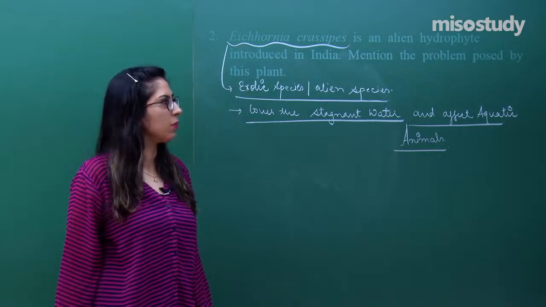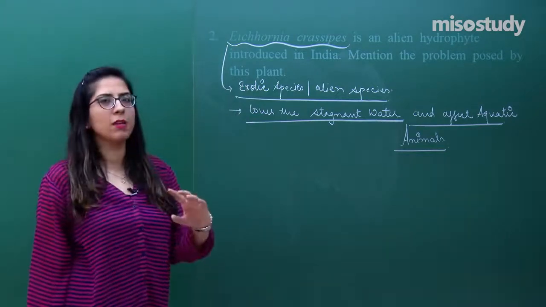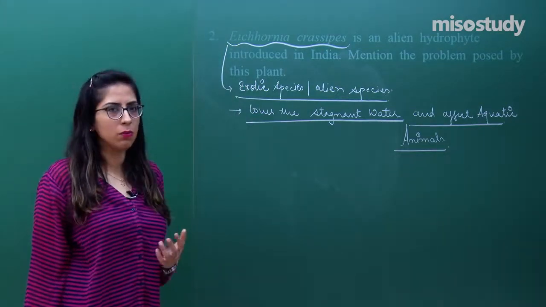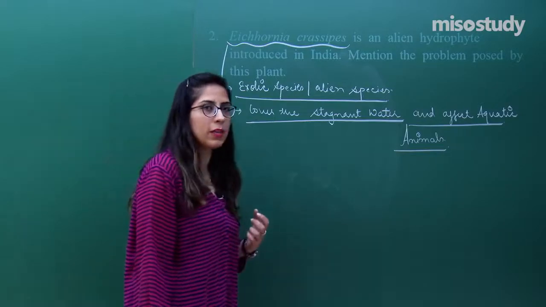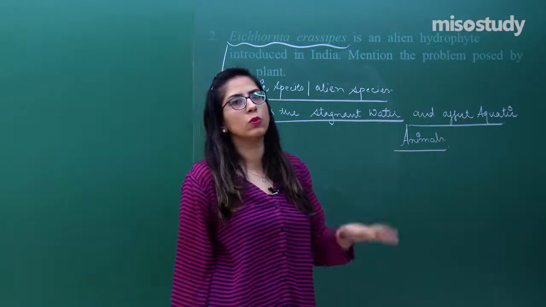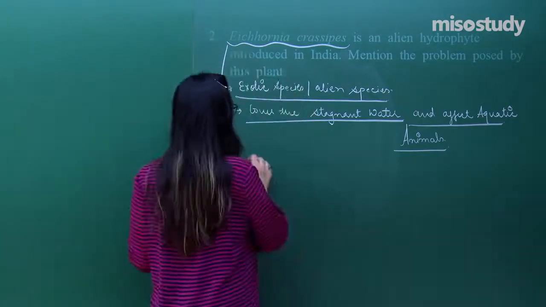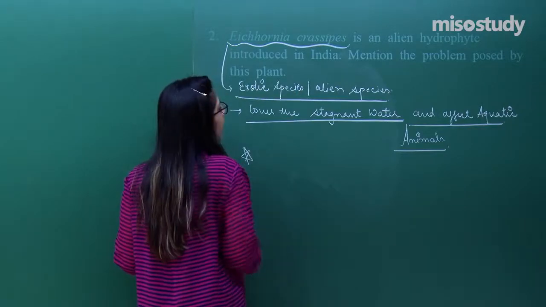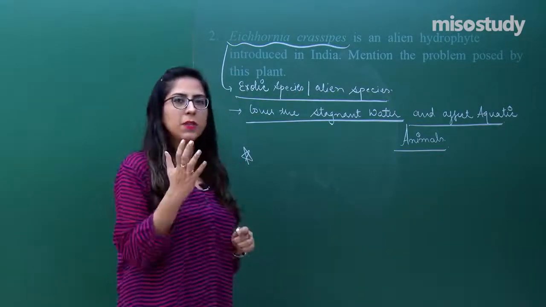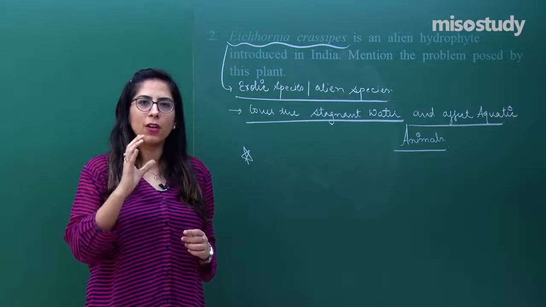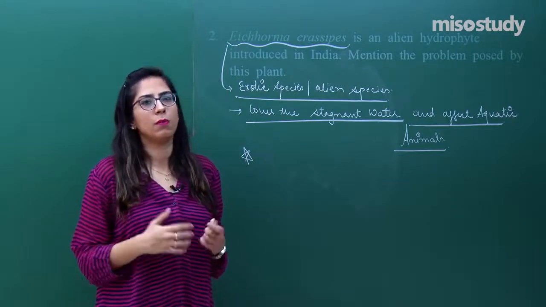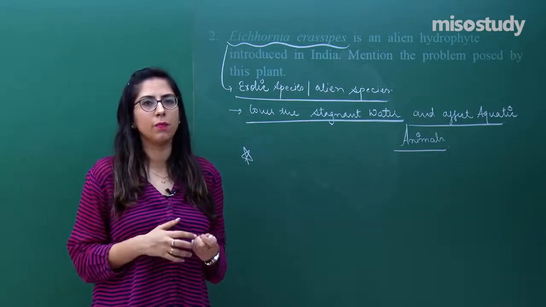This is an exotic species. The animals living below will not be able to breathe properly, as they clog so much. One more important thing is that any species is kept in check because predators are present which can kill them.